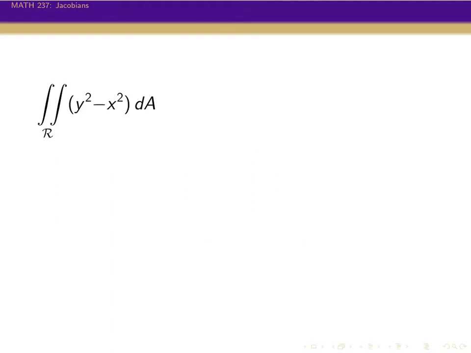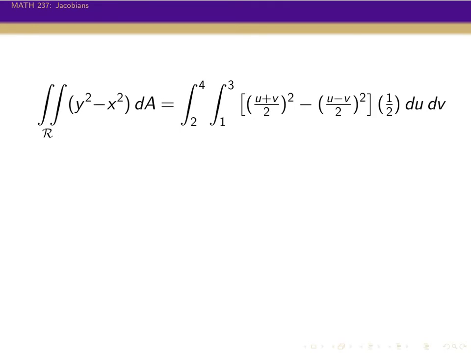Okay, so if we go back to our original integral, where we're integrating over these lines, I didn't write the lines back in, but you remember what they are, where r is looking like a box like this. Well, when we convert it in terms of u and v, y squared minus x squared is turning into, well, we're just plugging in the change of variables for those.